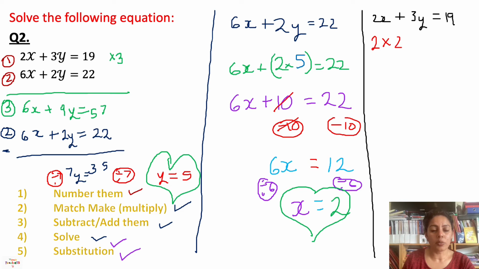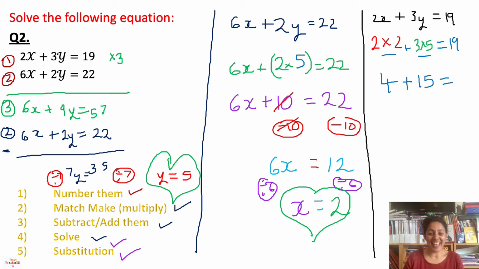And y, we said, was 5, so this is 3 times 5, equals 19. So I do 2 times 2 is 4, 3 times 5 is 15, and I add these two up. Yay! So 4 plus 15 is 19.